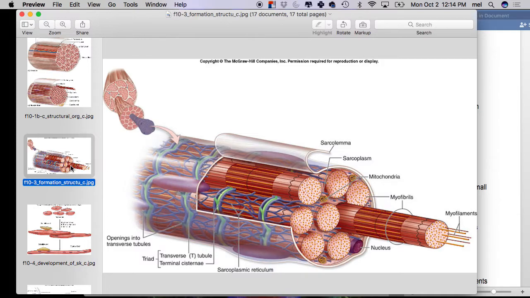In addition to the glycogen that's stored in there, you also have a protein called myoglobin. And myoglobin is similar to hemoglobin. Hemoglobin binds to and carries what around in the bloodstream? Oxygen. Myoglobin binds to and stores small quantities of oxygen inside each skeletal muscle fiber.